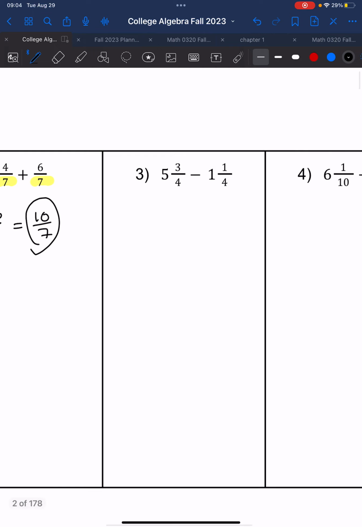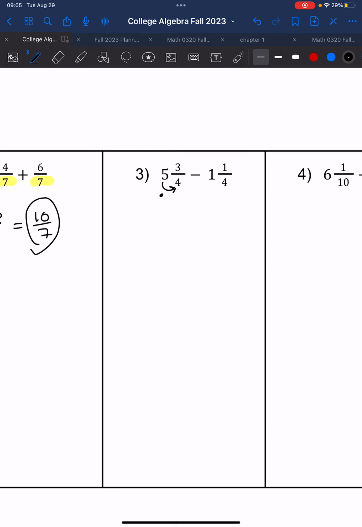Okay. Notice in example 3, we have whole numbers attached to our fractions. So what we're going to do is take these mixed numbers and turn them into improper fractions before we start solving. In order to do that, we're going to take that whole number and multiply it by the denominator.